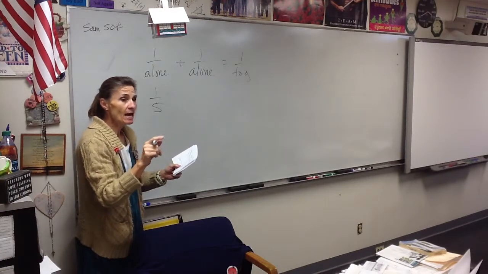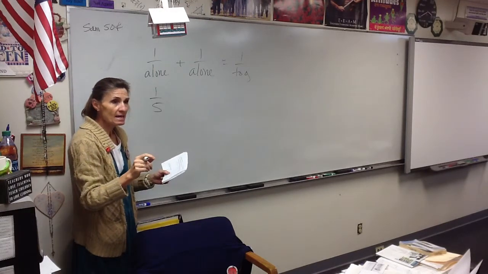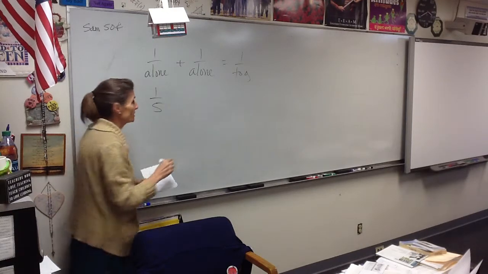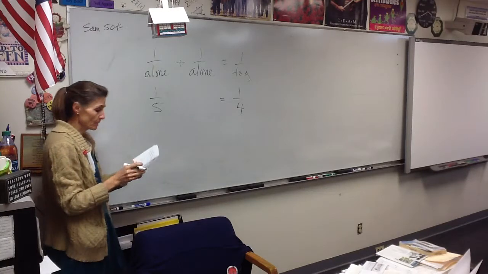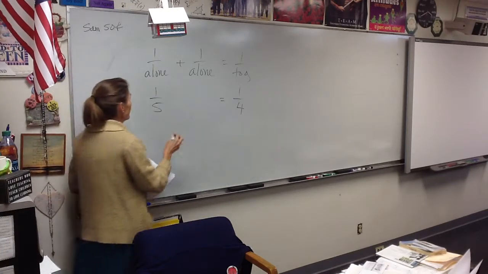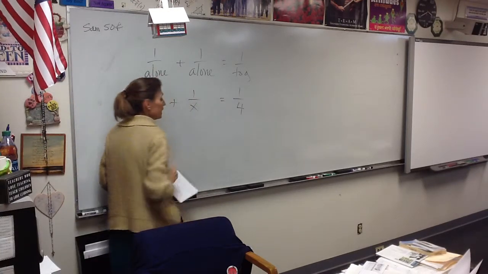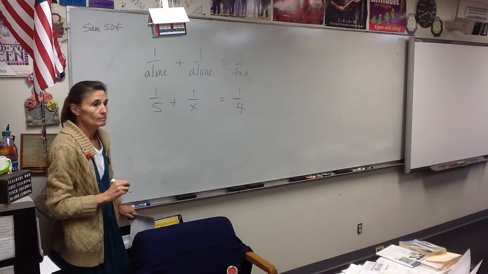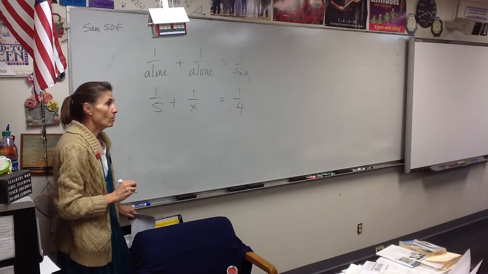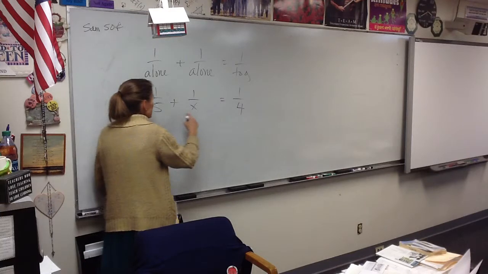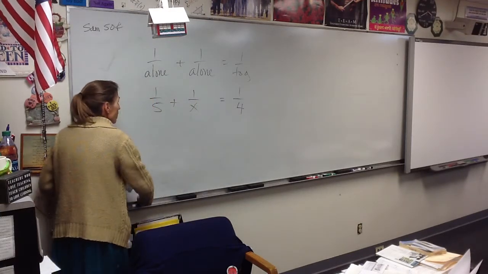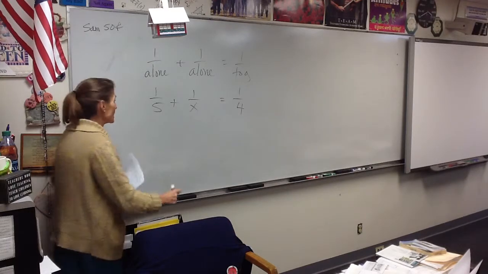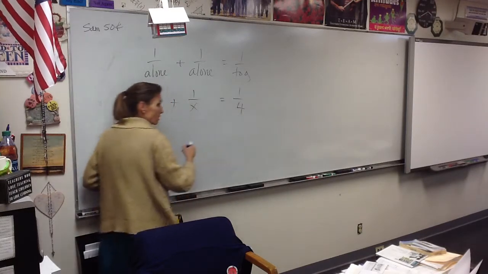If Terry helps, they can do it in 4 hours. That's together. How long will it take Terry alone? Now, I need to figure out what I can multiply by to get rid of a 5, an x, and a 4.